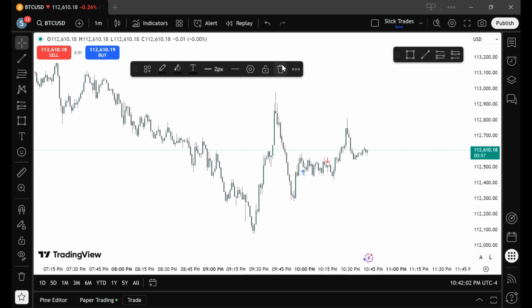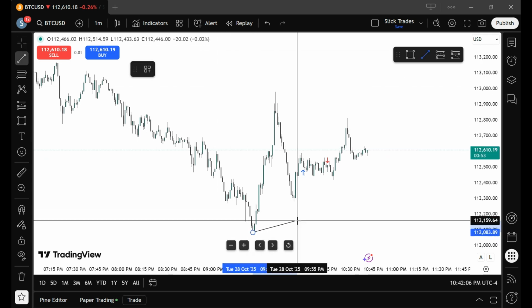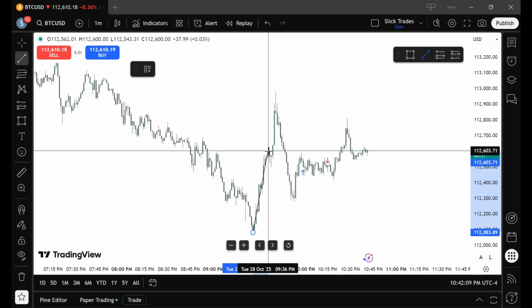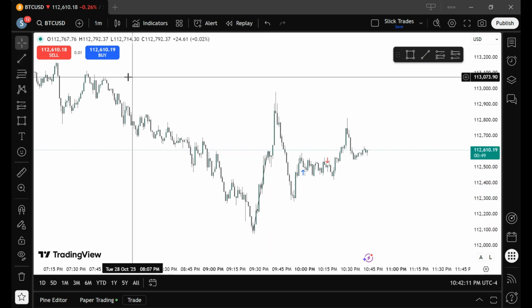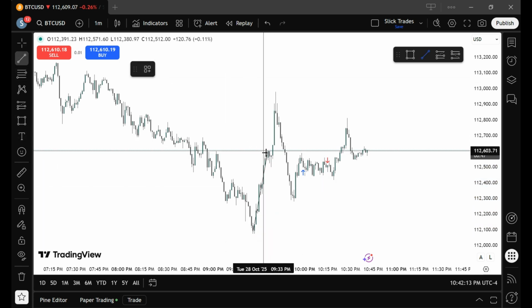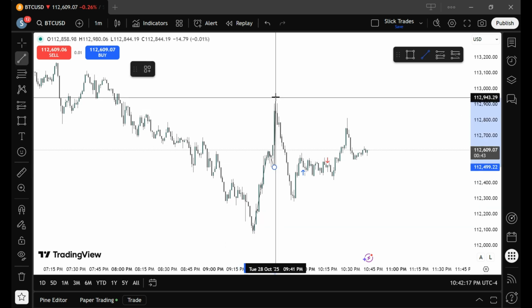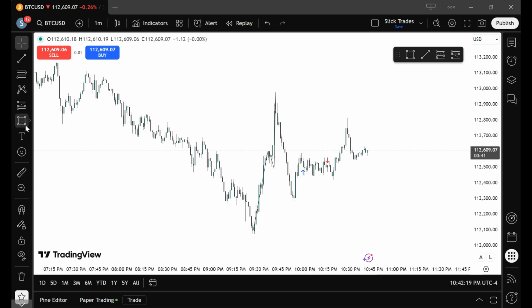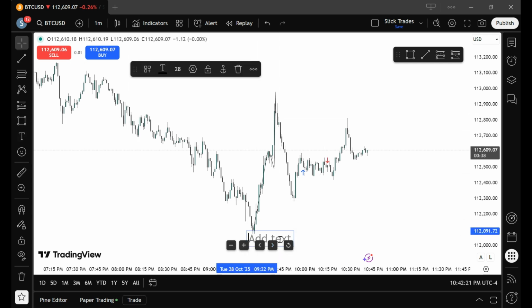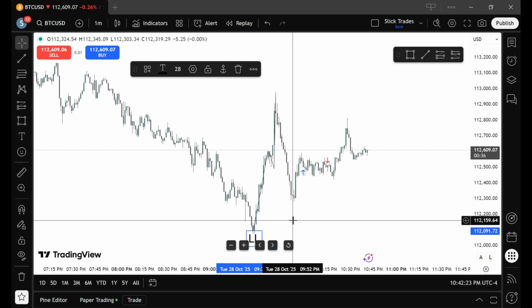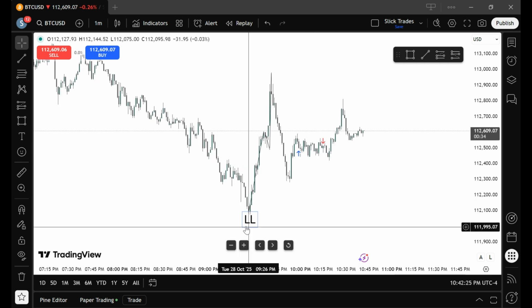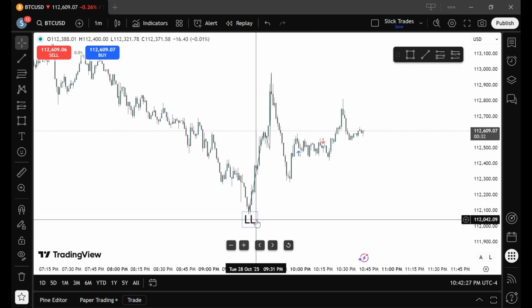So first of all, here's a low, clearly. There's a high, and then we have a low here, and then it goes up again. So this would be a low, that'd be called LL for lower low.